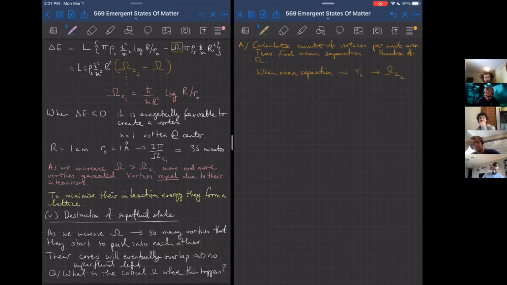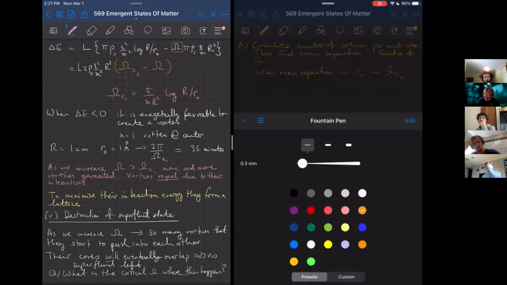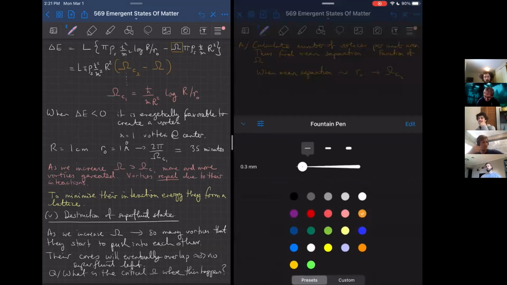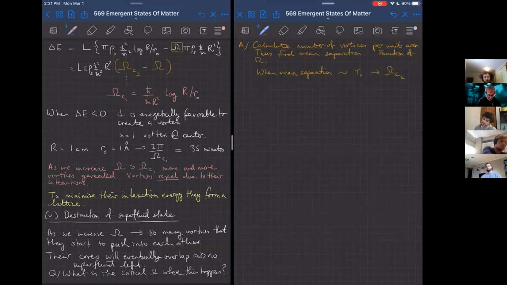So let's go ahead now and do this calculation. The way we're going to do that is I'm going to assume that we have NV vortices per unit area. So then, if I have these vortices, they're going to simulate a solid body rotation.